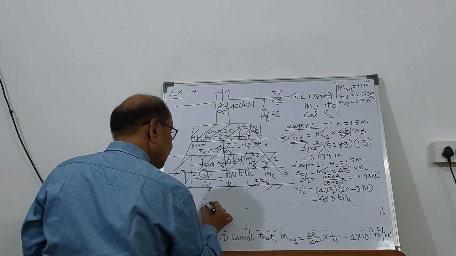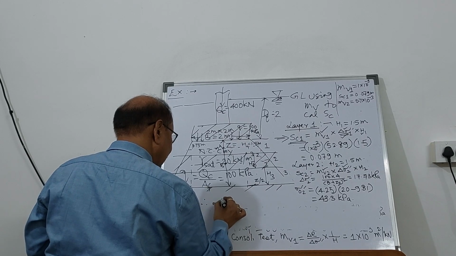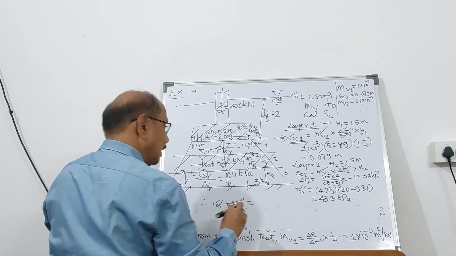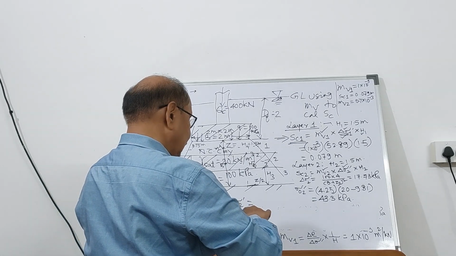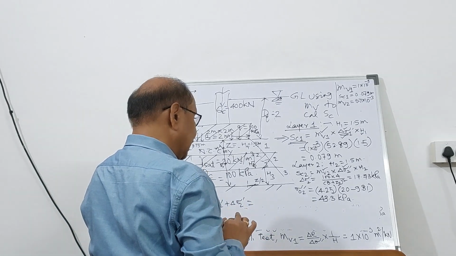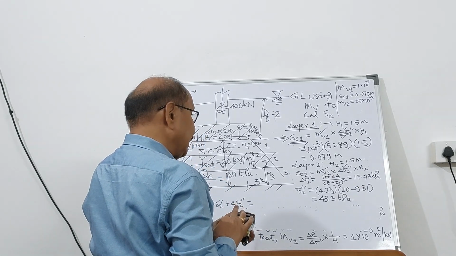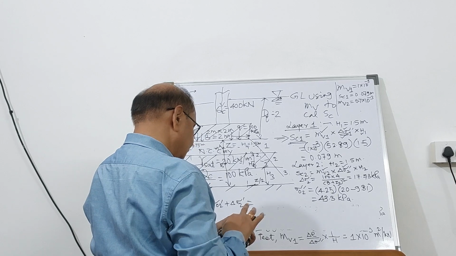Therefore, sigma naught 2 prime plus delta sigma 2 prime becomes 43.3 plus 17.73.